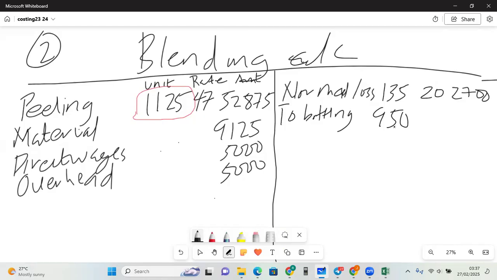You can see that there's an abnormal loss, because when you subtract 135 from 1125, you are supposed to get 990. But the actual thing you had was 950 here. So there will be an abnormal loss.